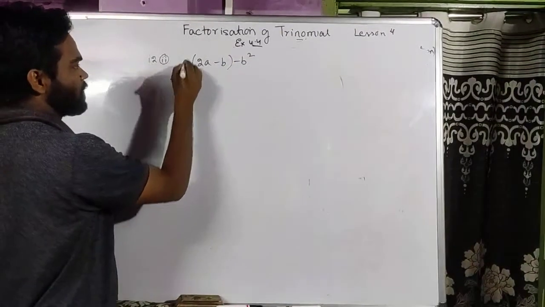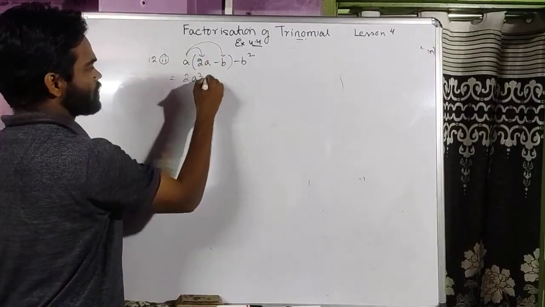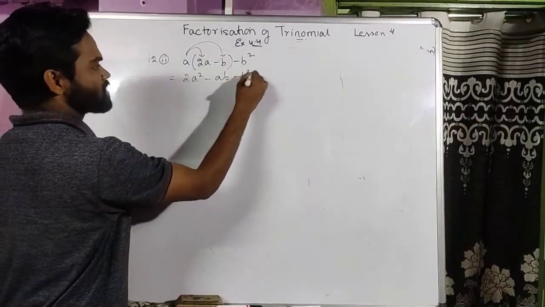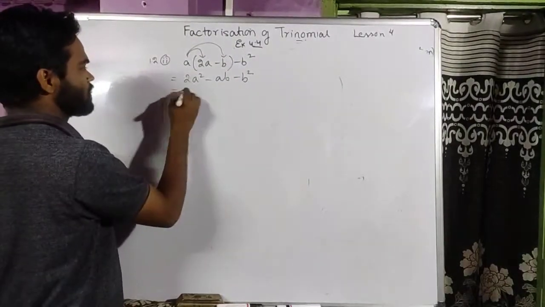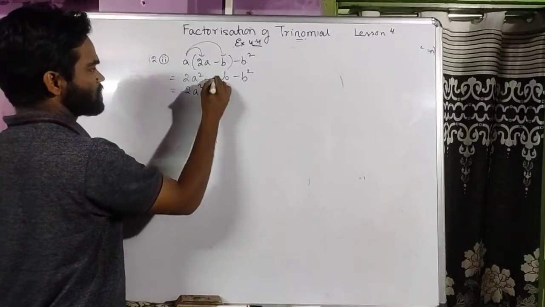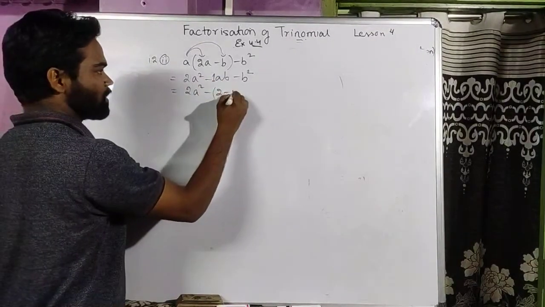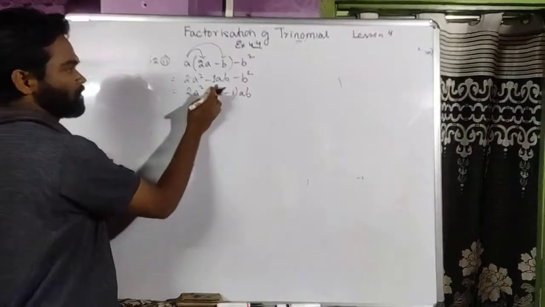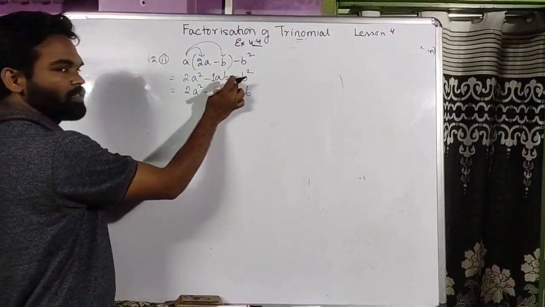Again, first we'll open this bracket. So this is 2a square minus ab minus b square. Same pattern. 2 1s are 2. So 2 and 1 will be the factors. So 2a square minus, over here nothing was there, which means 1 is there. So we can write 2 minus 1 ab. This will be expressed as a difference. Okay, because over here there was a negative sign.